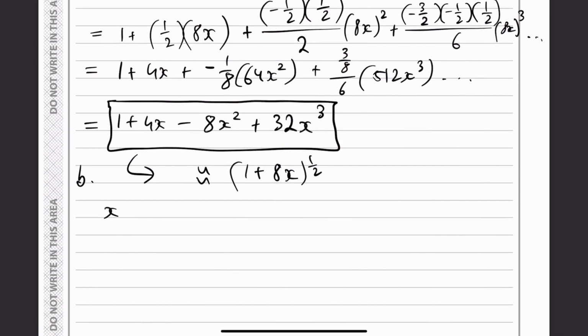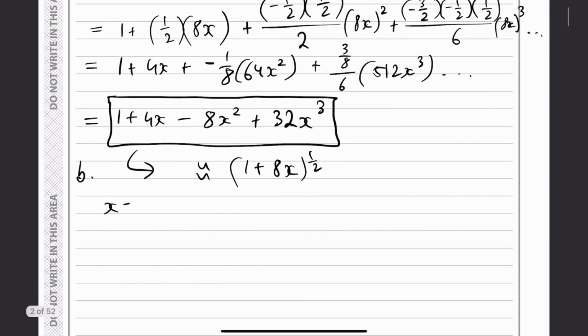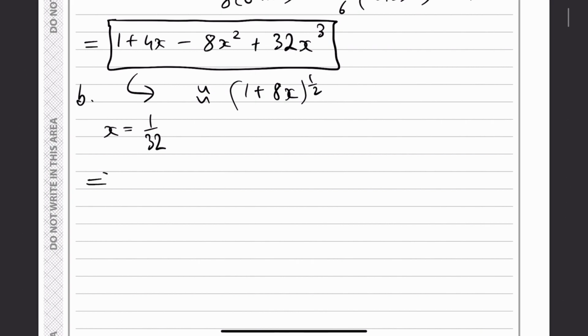So if we just put x equals 1 over 32 into this formula, then we're going to get 1 plus 8 over 32, so 1 over 4, to the half, which is 5 over 4 to the half.